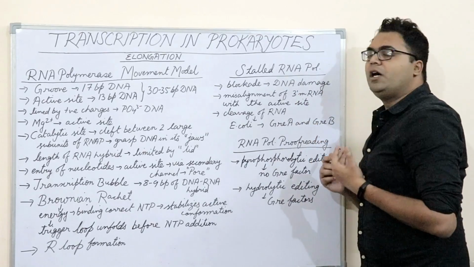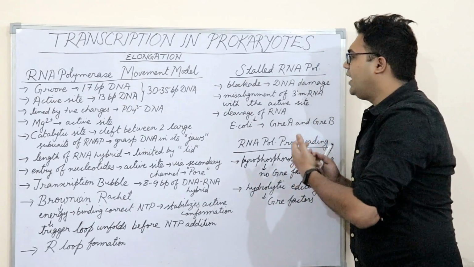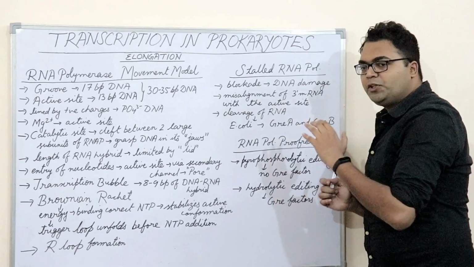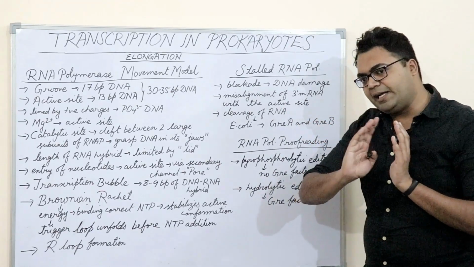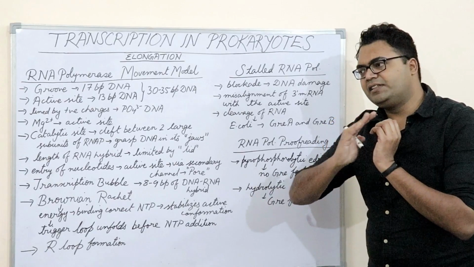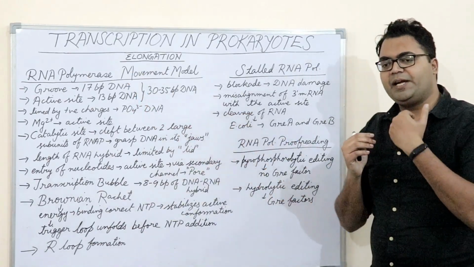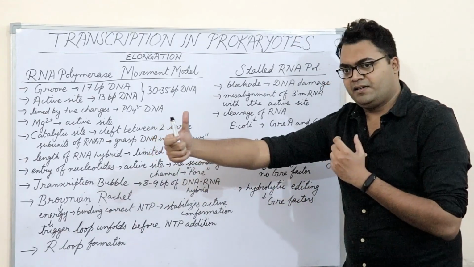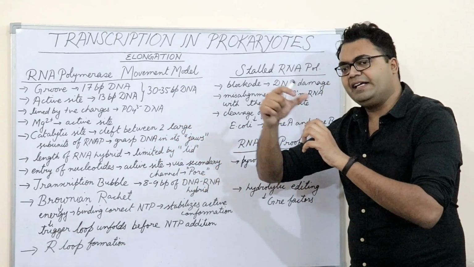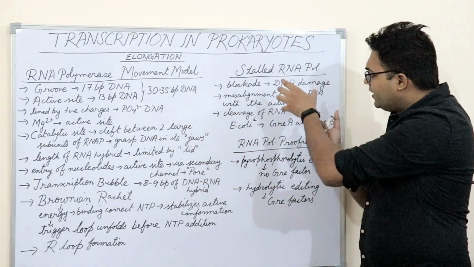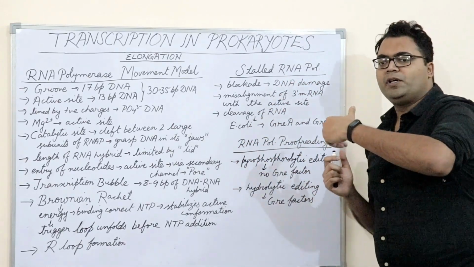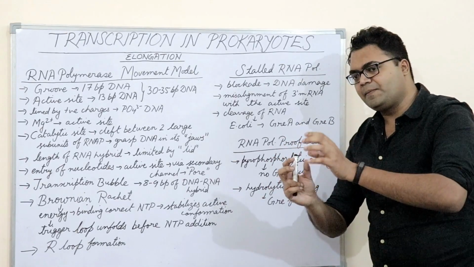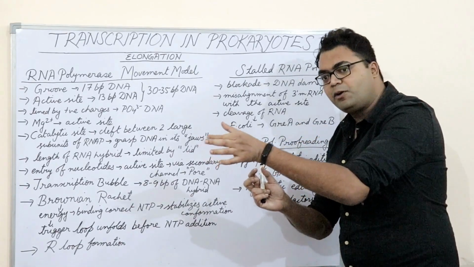Now, how do you go about it? How does this RNA polymerase recover from this very process? Suppose the RNA polymerase has been able to synthesize mRNA beyond, and when it has encountered the blockage in the DNA, the RNA polymerase got stuck and some of the mRNA got synthesized.